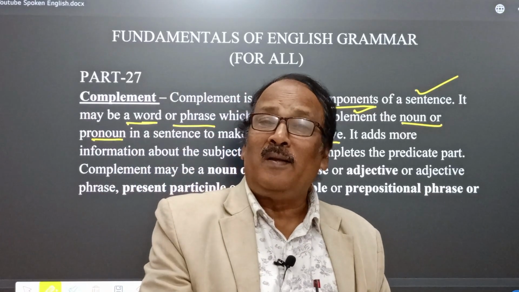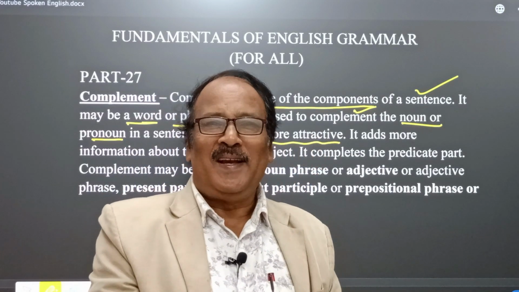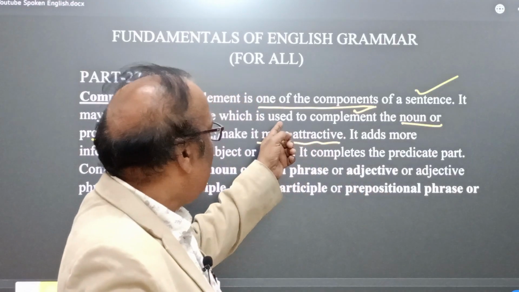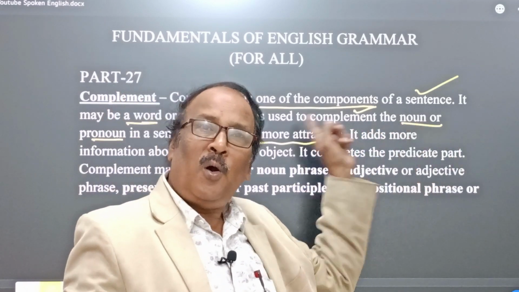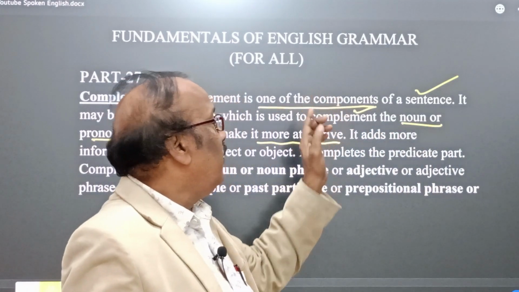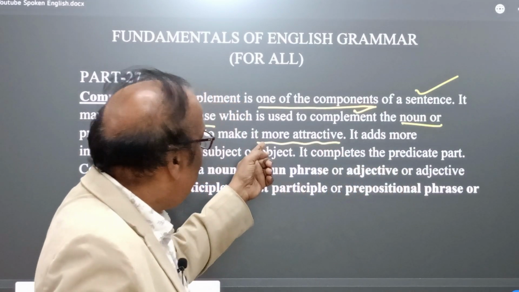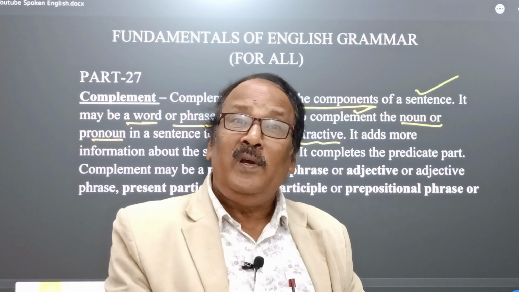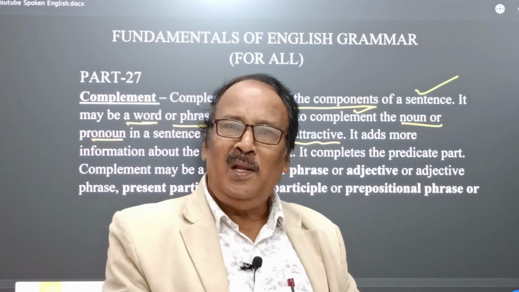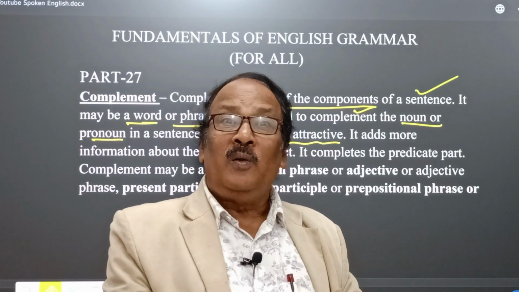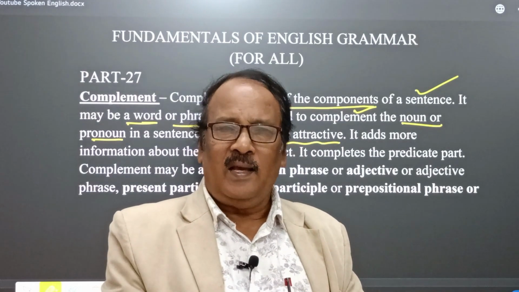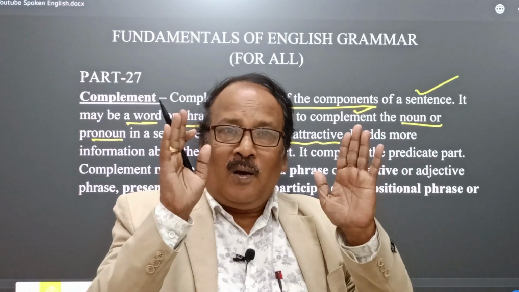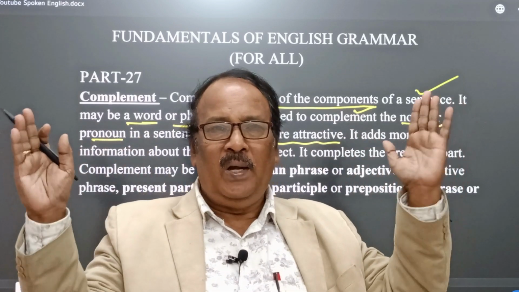We have already discussed that a complement is used to complement the noun or pronoun to express a very attractive meaning, and this is a very important component or part of the predicate part. Therefore, we should know about the complement part very vividly.